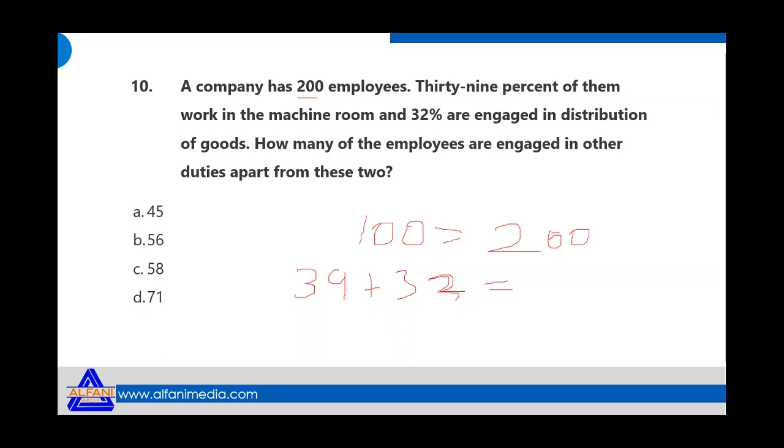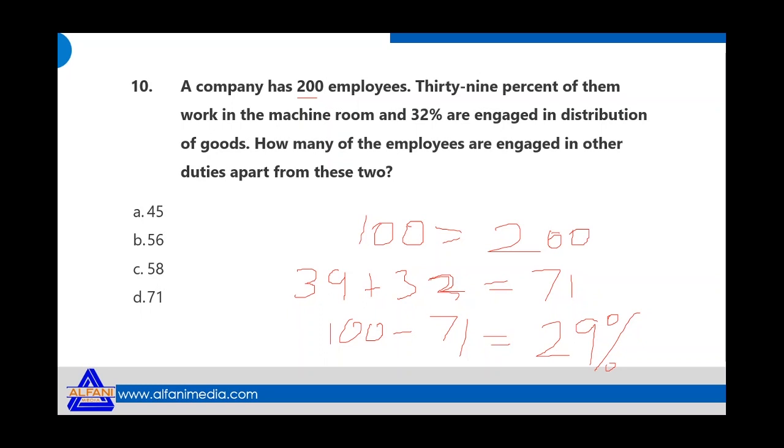When we add them up, we have 71%. We need to add up to get 100%, so the difference is 100% minus 71%, which is 29%.